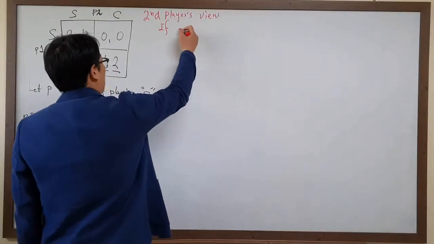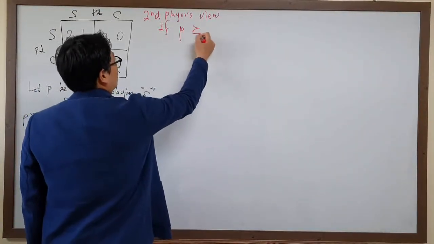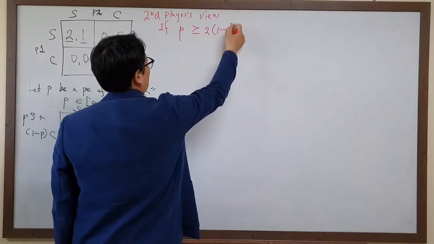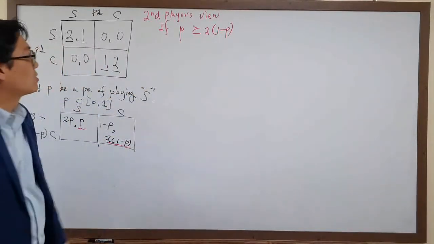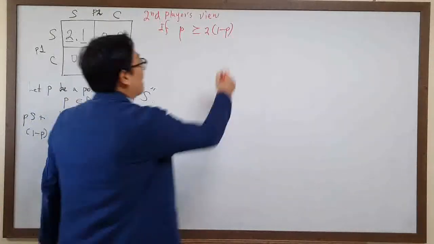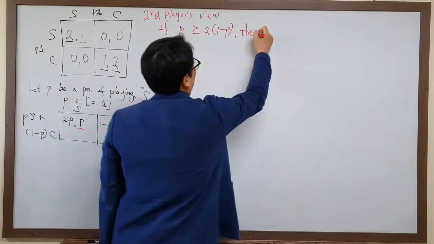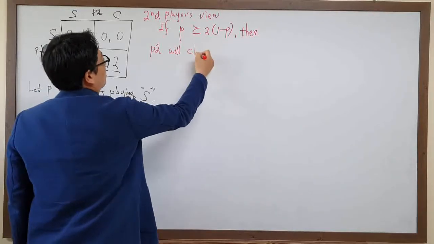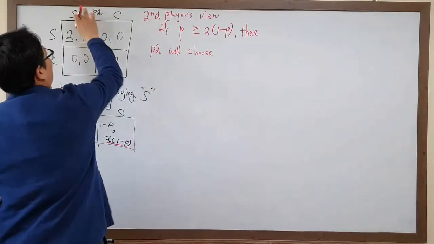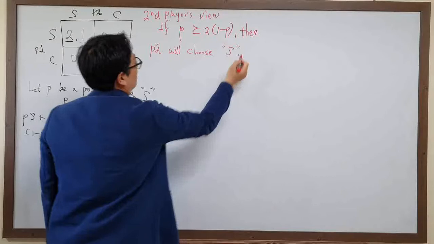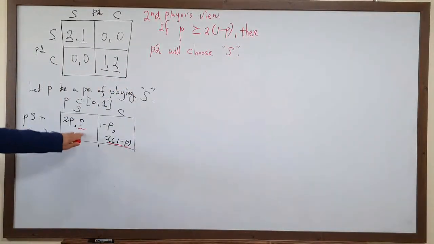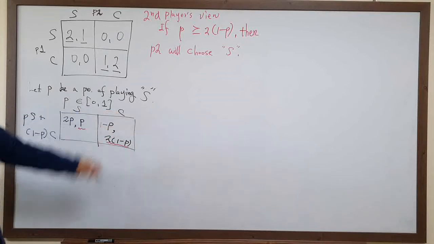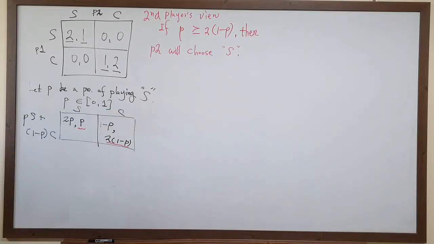So if P is greater than or equal to 2 times 1 minus P, then the second player will choose S. If this is greater than this, I'm going to choose S. Otherwise, I'm going to choose C. Okay?